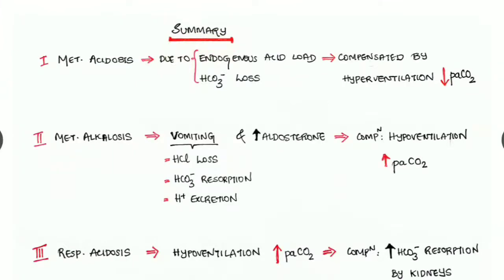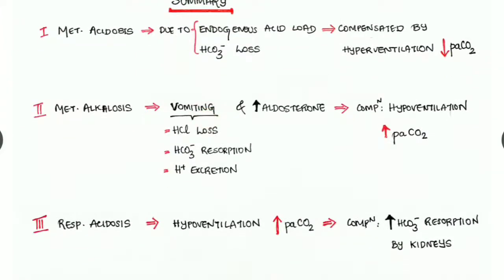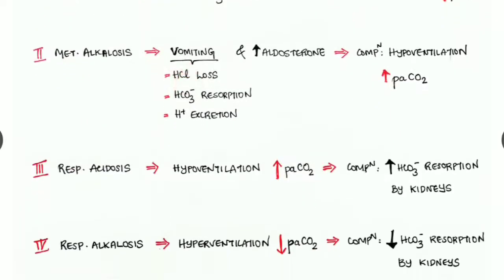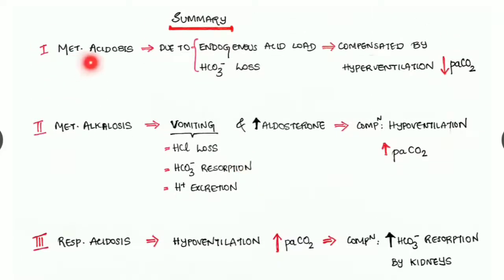Summary, we have to sum it up. There are four main things: metabolic acidosis, metabolic alkalosis, respiratory acidosis, and respiratory alkalosis. What is happening in metabolic acidosis? It is due to endogenous acid load, or it can be due to bicarbonate loss, where endogenous acid load is causing high anion gap metabolic acidosis, whereas bicarbonate loss is the cause for non-anion gap metabolic acidosis.